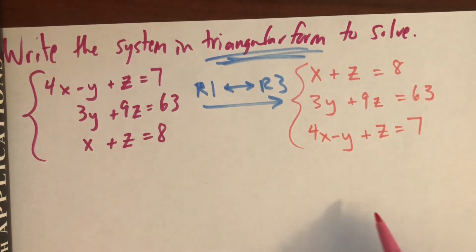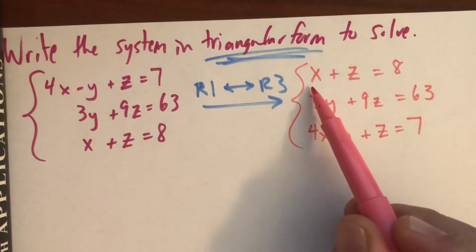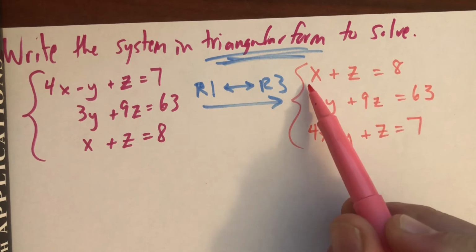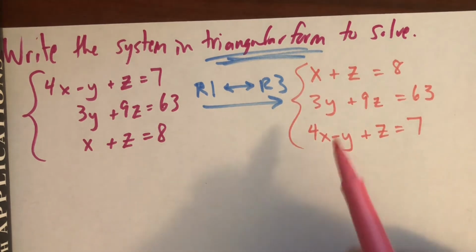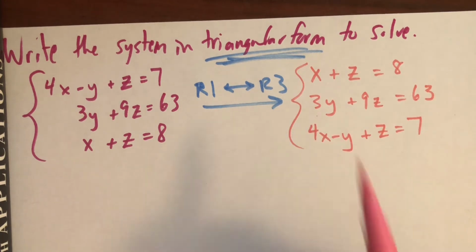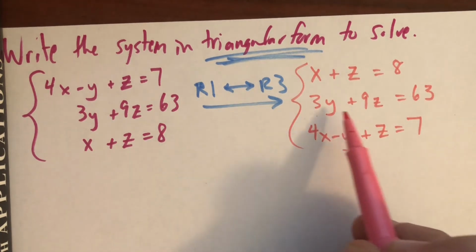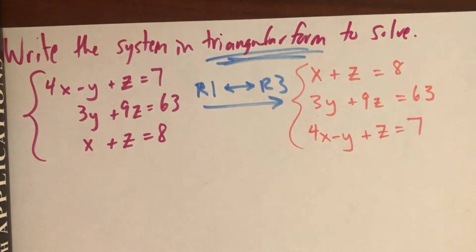So now what? I've got a 1 in front of my x. Now on this one, I want to have a 1 in front of my y. So here I can see pretty quickly, these are all multiples of 3.